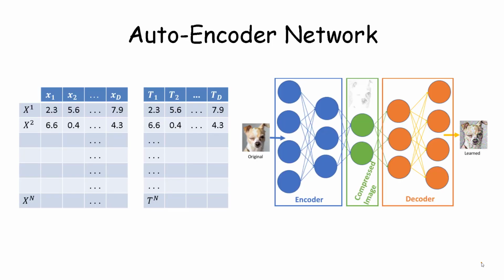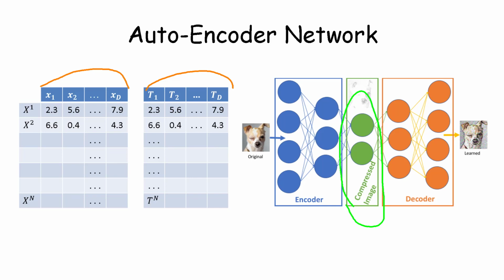An auto-encoder network is where a network is trained to reproduce the input samples, so the target values and the input values are the same. Using a hidden layer with a small number of hidden units, the network is forced to learn a compressed representation of the samples.